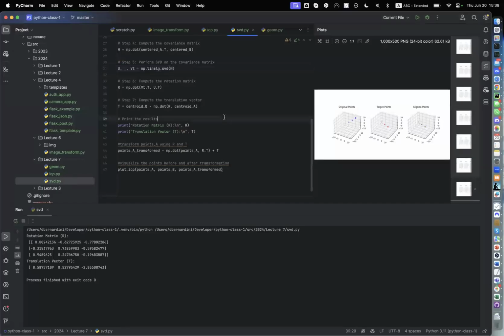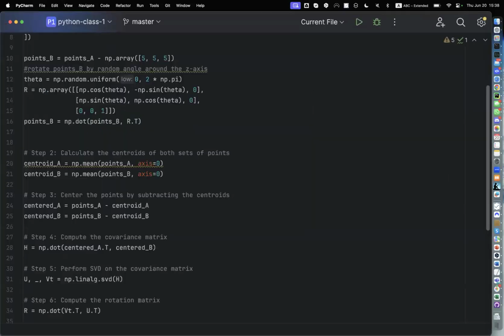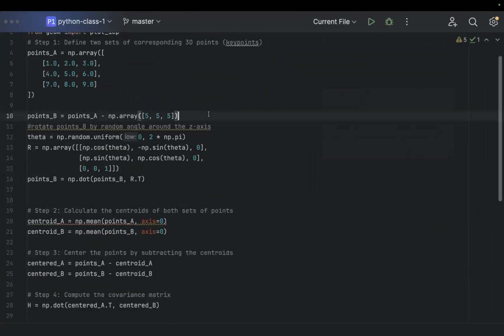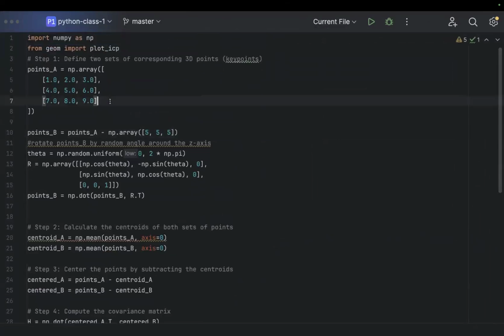All right, let's look at a bit of code. We'll start, remember how to do this, with singular value decomposition. Here I have created 3 points, and then I'm doing some shifting to get them out of the way, so that I can use the singular value decomposition to find the matching points again.